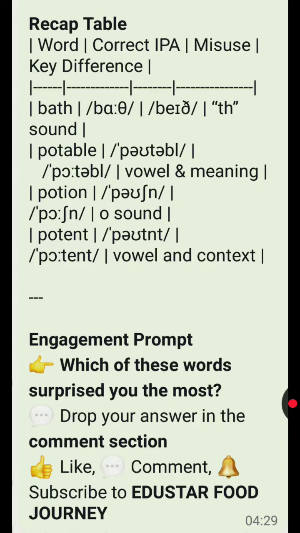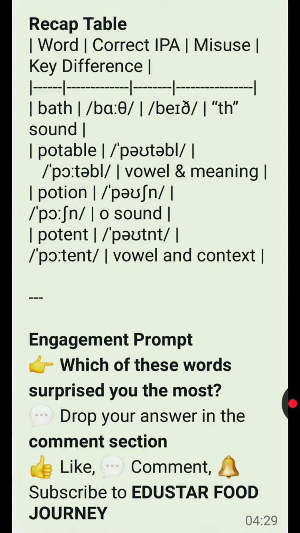Next is potion, while the other one that is compared with is portion. O sound. This is the sound that the vowel O produces in either word.